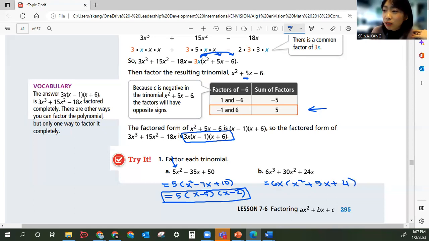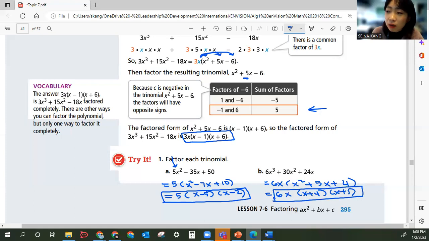Okay, and then you factor that simplified trinomial, and your 6x is still there, okay? Don't get rid of it. You will get x plus 4 times x plus 1. 4 and 1 multiply to positive 4, and they add up to 5, okay? So that is your final answer for part B.